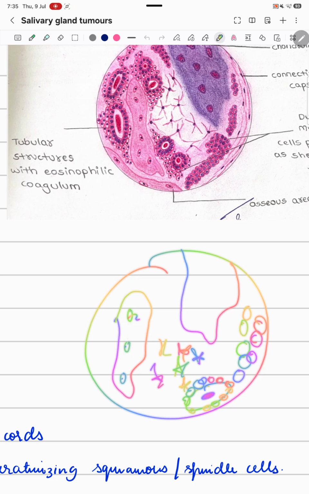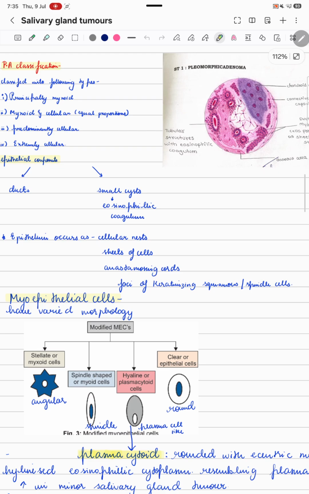So this is the histopath of your pleomorphic adenoma, the ductal component and the cystic component. Epithelial cells occur as cellular nests, sheets of cells, anastomosing cords, and keratinizing squamous spindle cells, with foci of keratinization.